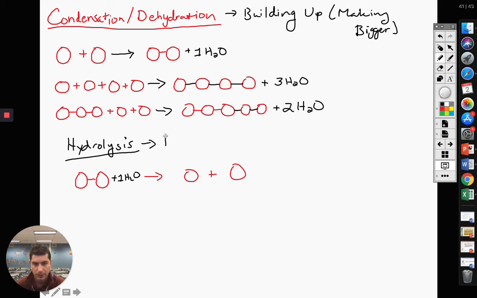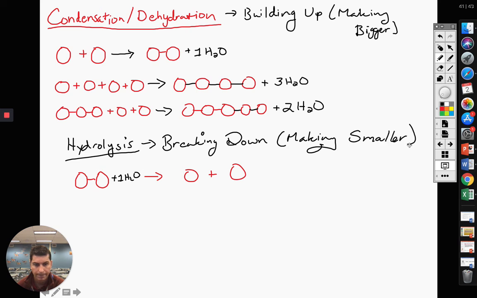So hydrolysis is breaking down. We're making it smaller.